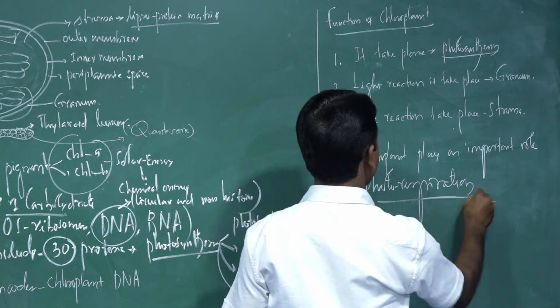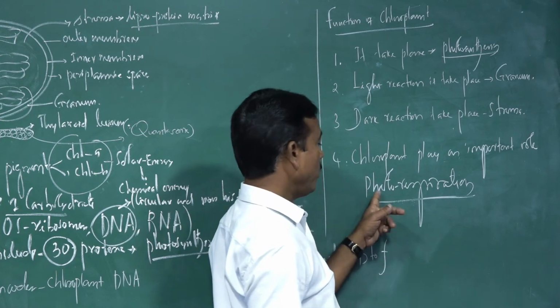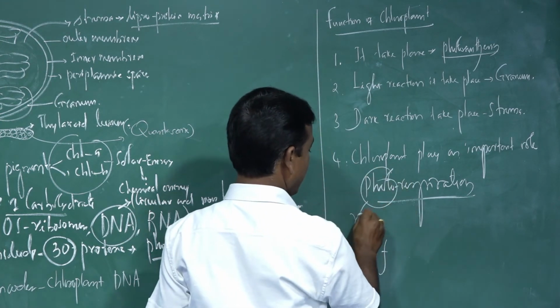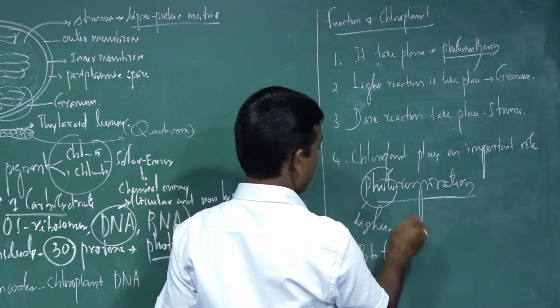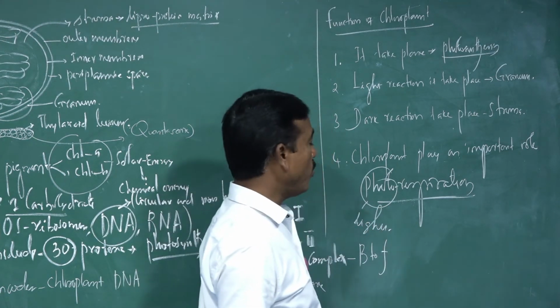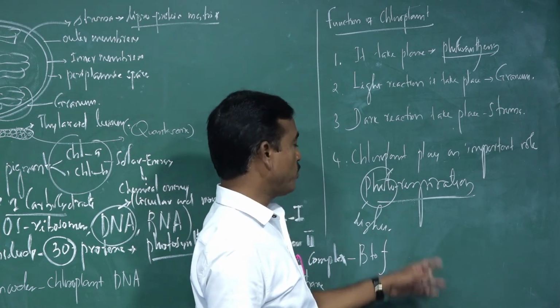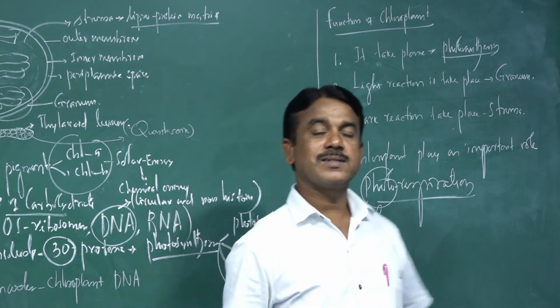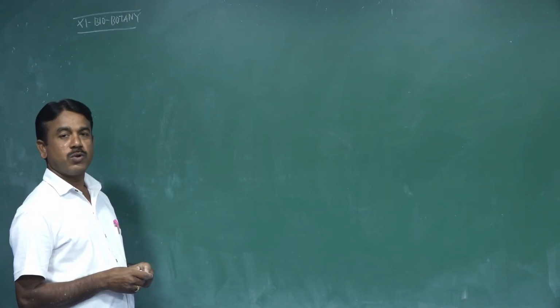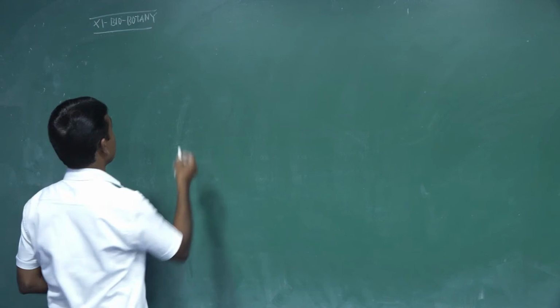What is the meaning of photorespiration? Photo means light, respiration means respire. The organism which respires in the presence of light is called photorespiration.